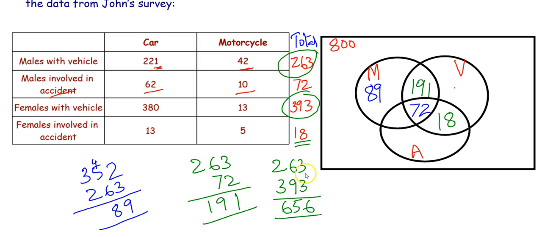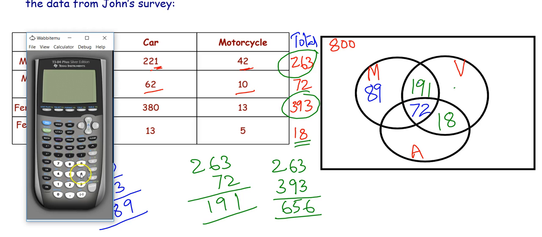Now let us subtract these three numbers from 656. I'll type in 656 minus 191 minus 72, again 18, that is equal to 375. So I'll write here 375.